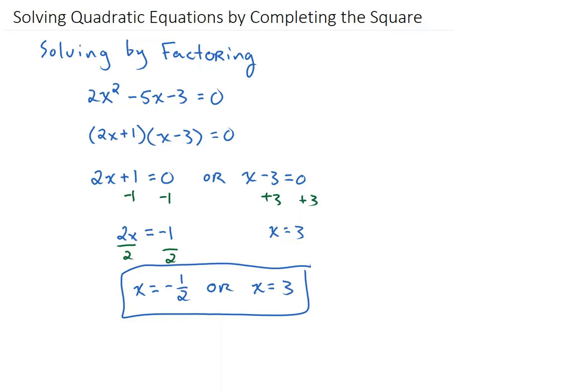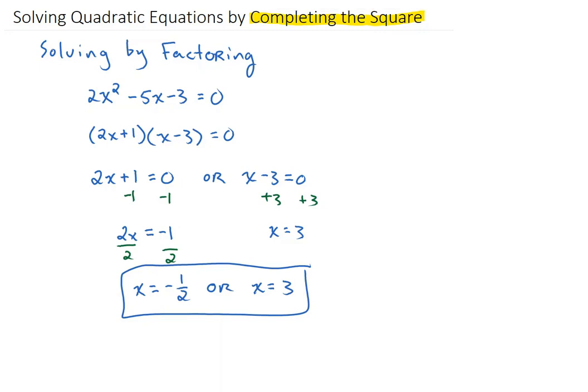So that's solving by factoring. And that gives us the two methods, solving by the square root property and solving by factoring. Now what we're going to do is turn to learning a third method called completing the square.